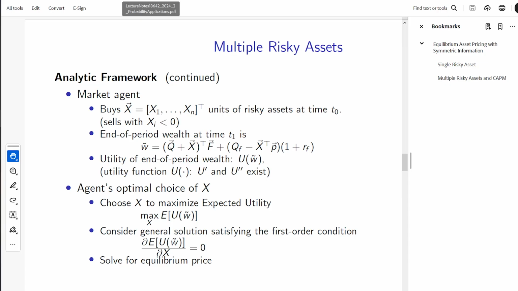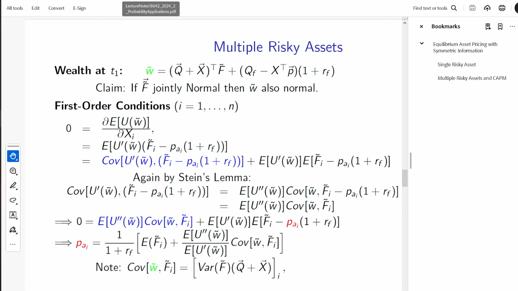And so we then can think of the market agent basically adjusting the initial shares Q by the X vector and choosing the X vector to maximize expected utility. And we can just plug everything in now with vectors instead of scalars, and the same arguments apply.